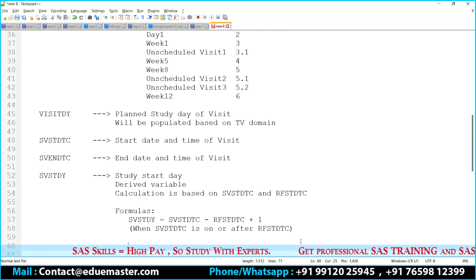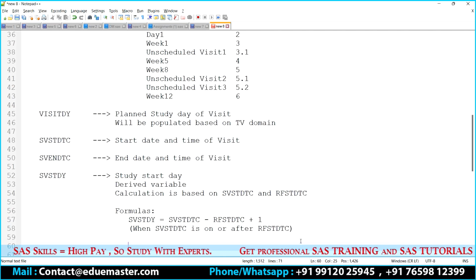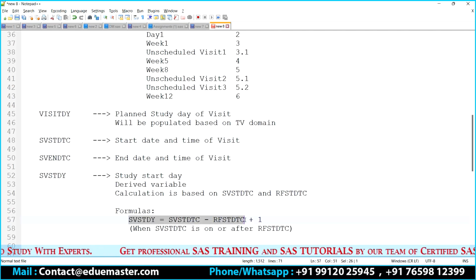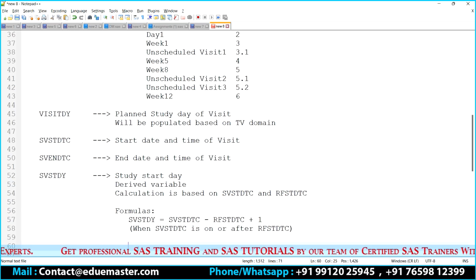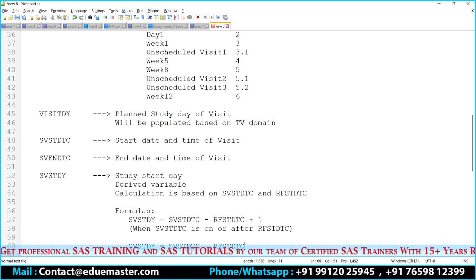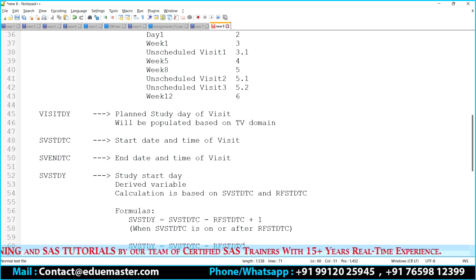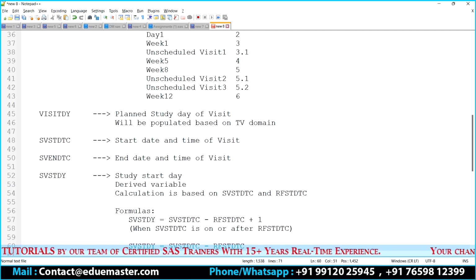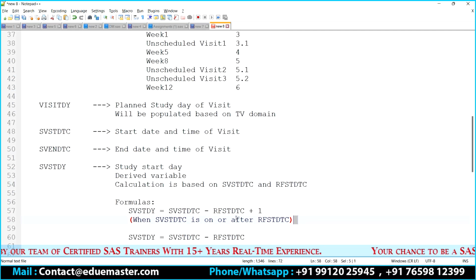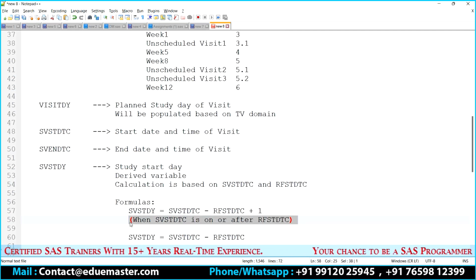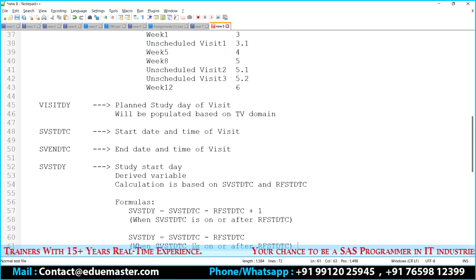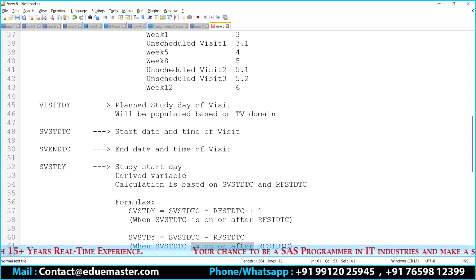What is the second thing? Again, you are going to calculate the same, but I don't add any plus 1. Simply, it is going to be SVSDTTC minus RFSDTTC. This is when your SVSDTTC is before your treatment.